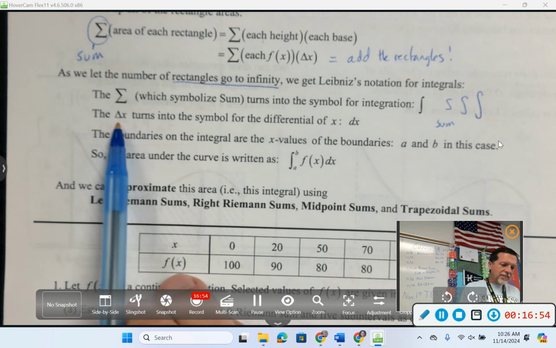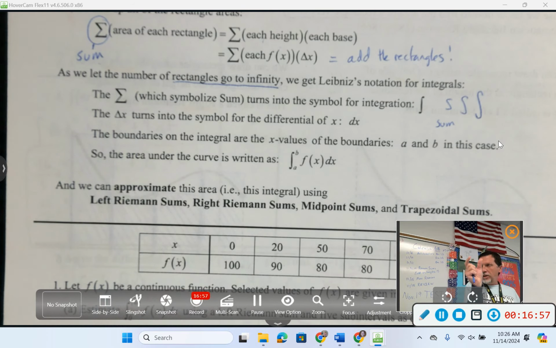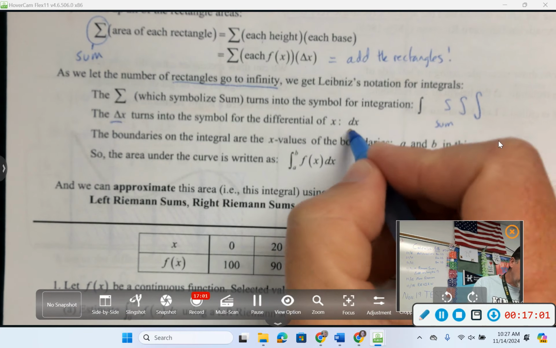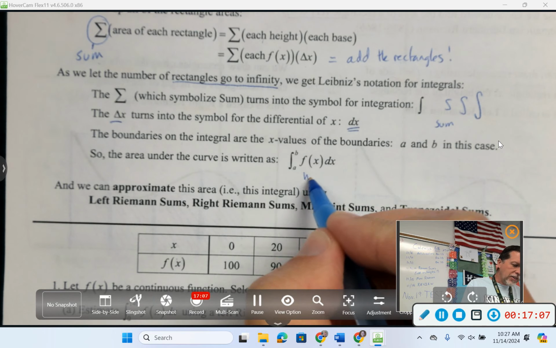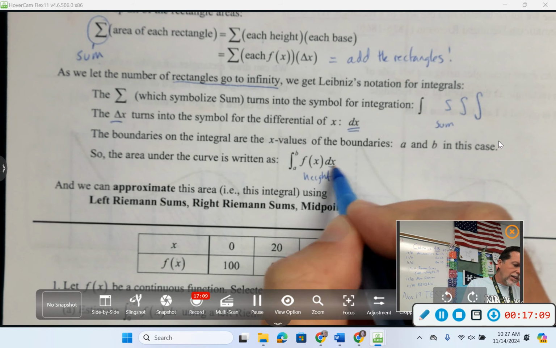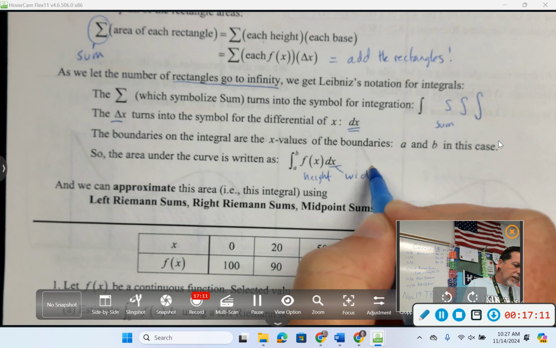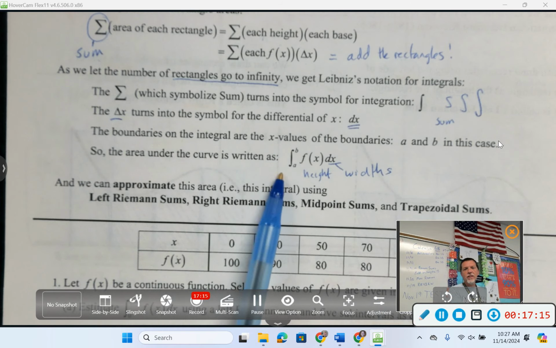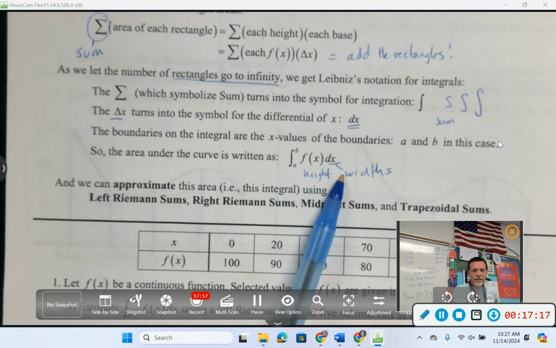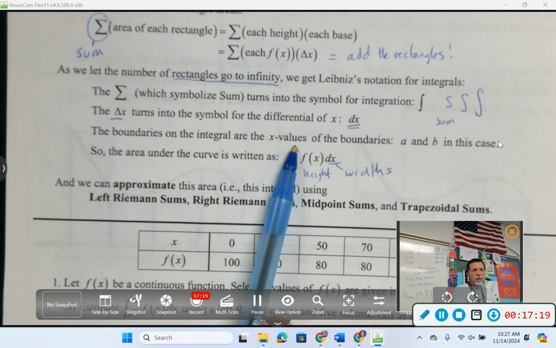And if delta x gets really small, like you said, we're going to shrink that width of the rectangle, then delta x turns into dx. So f of x are all the heights, dx is all the widths, and so the area under the curve is, you add up all of the height times width from A to B.